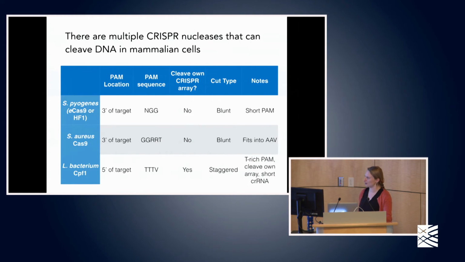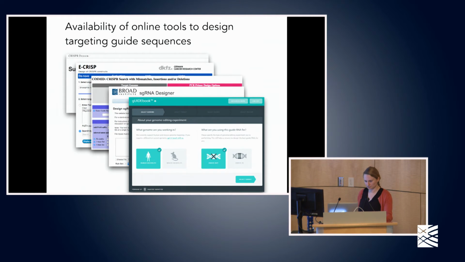The PAM is a little bit longer. For Cpf1, one key advantage is that the other PAMs are G-rich, and so if you're working in an area of the genome that is T-rich, Cpf1 has three Ts for its PAM, so in some cases Cpf1 may be better. It also results in a staggered cut, and it can cleave its own CRISPR array. And so that could be advantageous too.